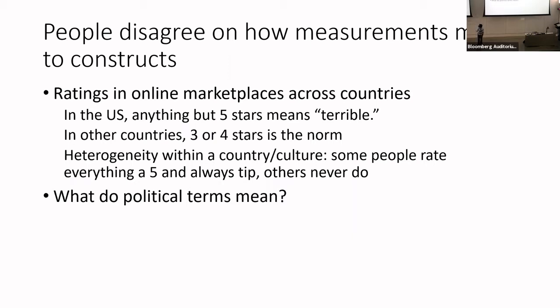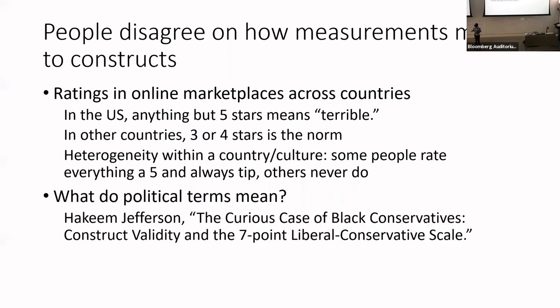So, back to the political context, what political terms mean is also quite loaded and differs amongst people. There's a nice paper by a political scientist at Stanford who talks about how in the United States, Black people tend to conceptualize the word conservative differently than white people do.